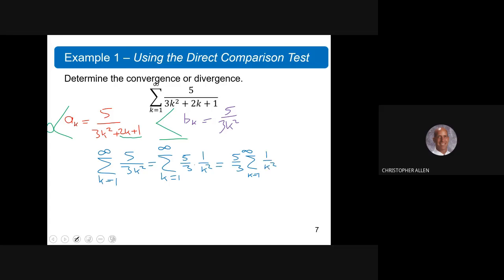I kind of went through that quickly, but that makes sense, right? There's no big surprises there. So the 5 over 3 can be uncoupled from that 1 over k squared. That's kind of intuitive. And then we have this property with summations where if we have a constant term like that, the constant term can come out to the front. And so now we have a very important observation to make. What is that?